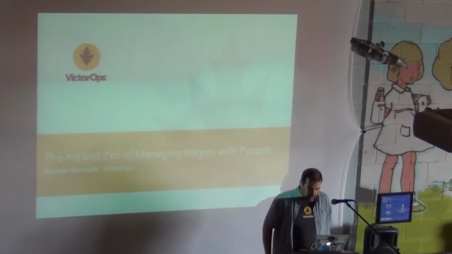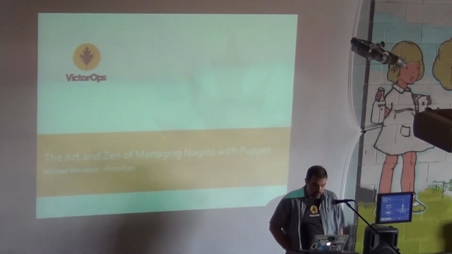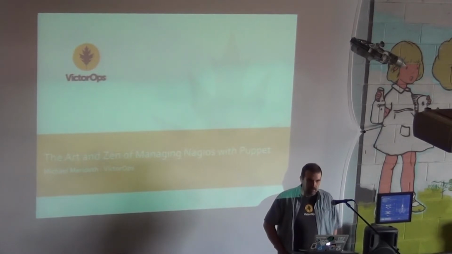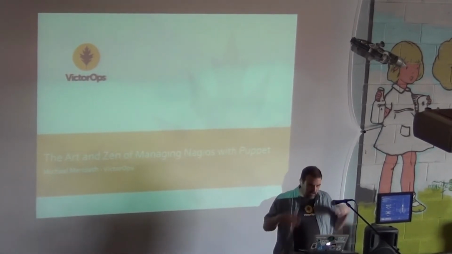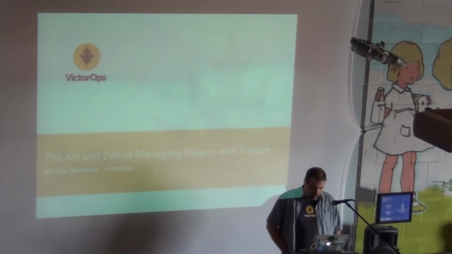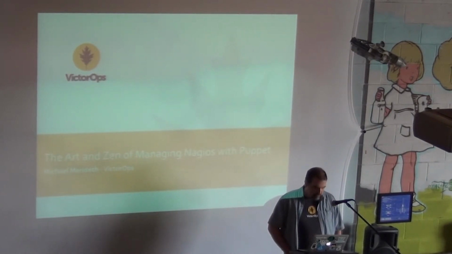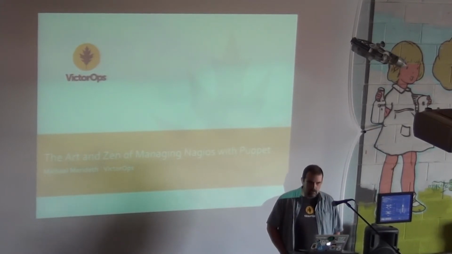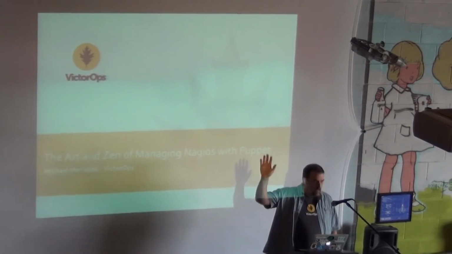I'm going to be talking about how to manage your Nagios server with Puppet. It's a nice general introduction to deeper aspects of managing a particular application with Puppet, so I think it's valuable. By show of hands, how many people here are actually using Nagios to monitor their environments?